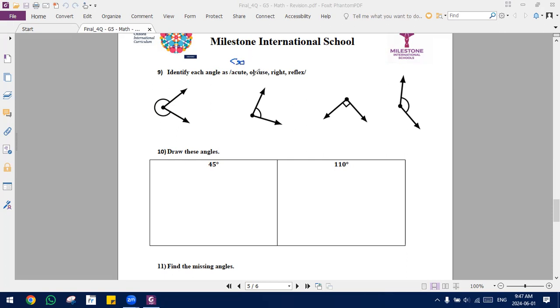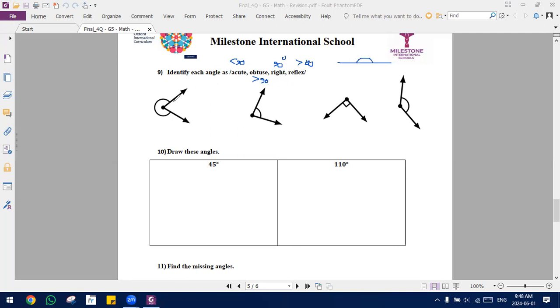Obtuse means more than 90. Right angle means exactly 90 degrees. And the reflex angle is more than 180, like more than a straight line. This is the angle 180.